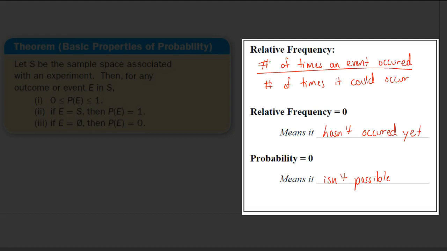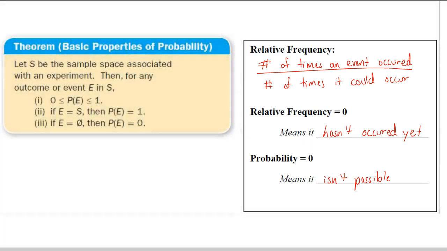So for example, let's say we're flipping a coin 4 times, and all 4 times we've gotten heads. Well, the relative frequency of getting tails would be 0 out of 4, because we flipped a coin 4 times, and 0 times it showed up as tails. 0 over 4 would be 0, so your relative frequency would be 0. So that doesn't mean it's not possible, it just means it hasn't occurred yet. But having a probability equaling 0, that means it isn't possible. So those are just some properties there, some different terms to be familiar with.